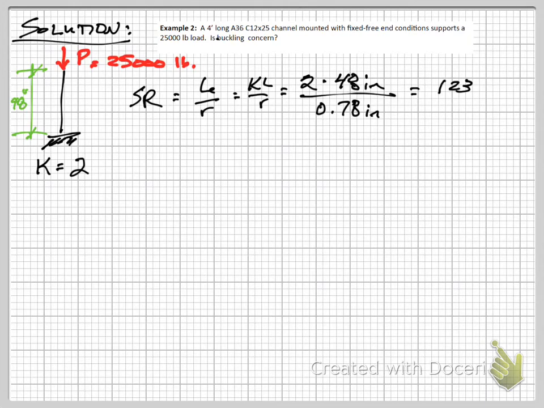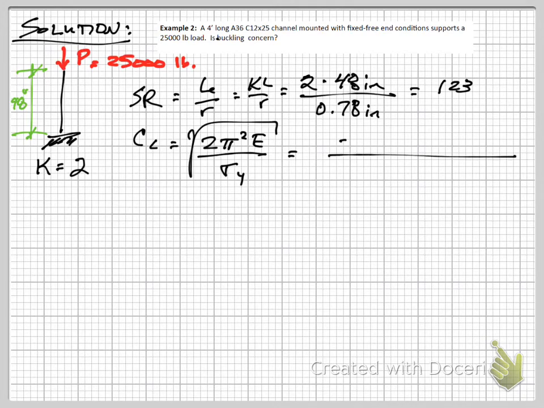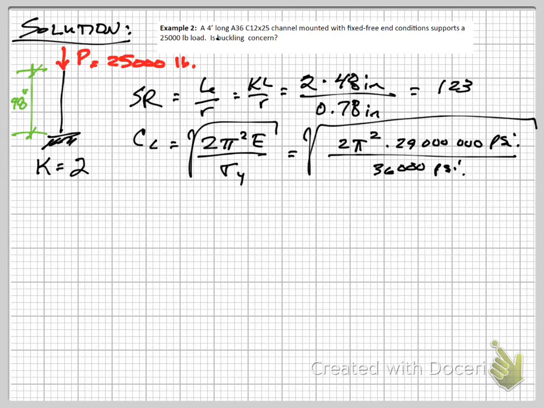Okay, we're going to compare this with the column constant, which is the square root of 2 pi squared E over sigma y. So 2 pi squared times 29 million psi divided by 36,000 psi, and the square root of all of that, right?